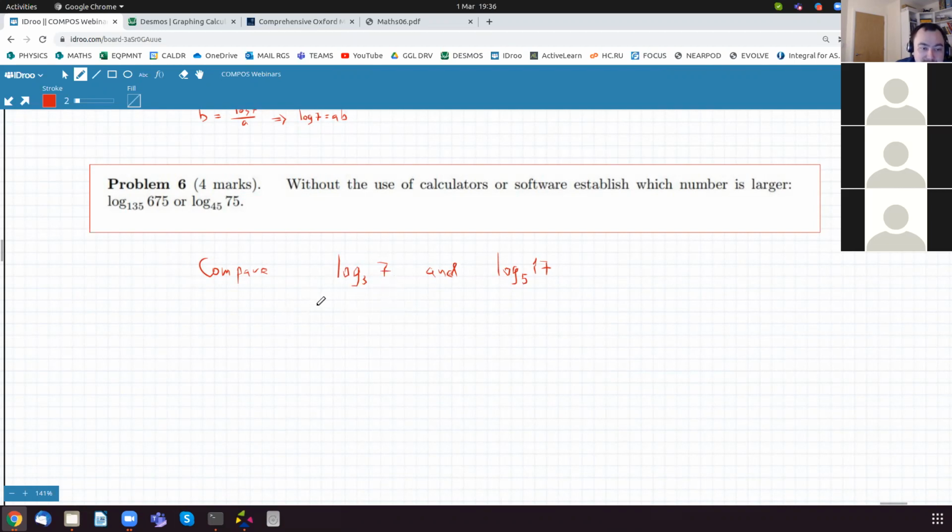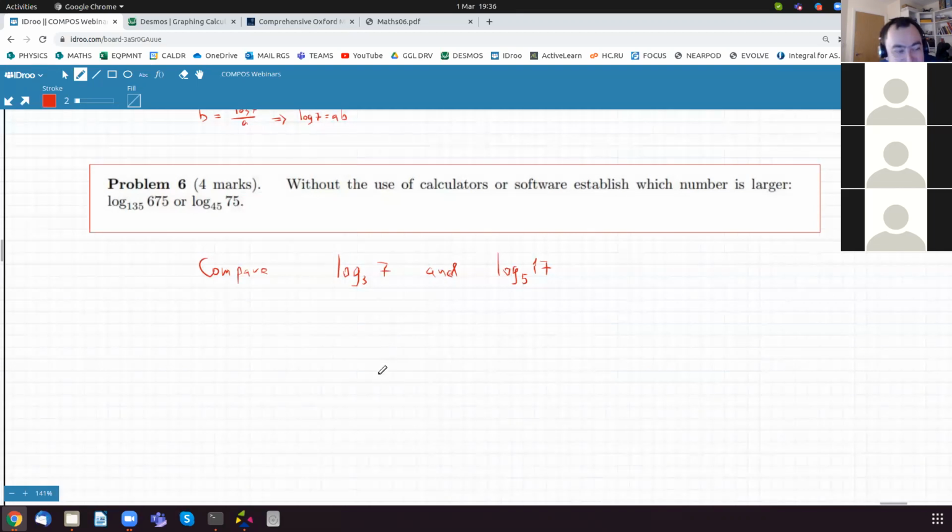So how would you do that? Could you make the bases the same? Yes, you could make the bases the same.